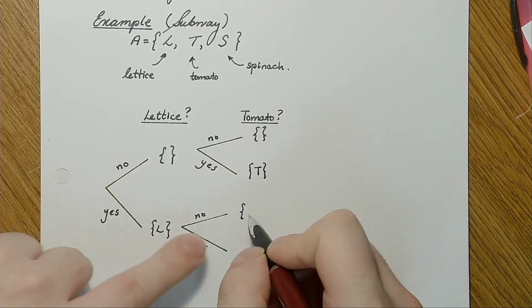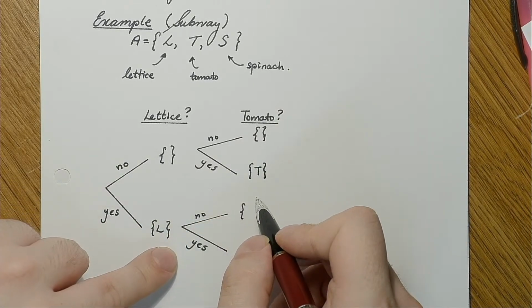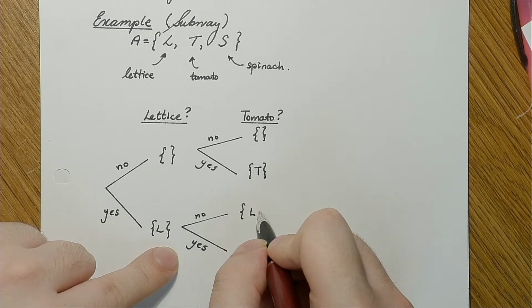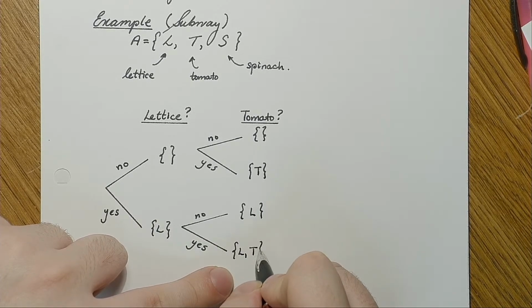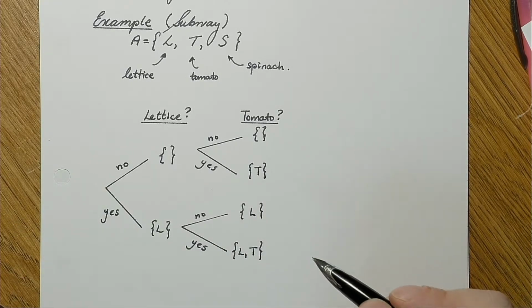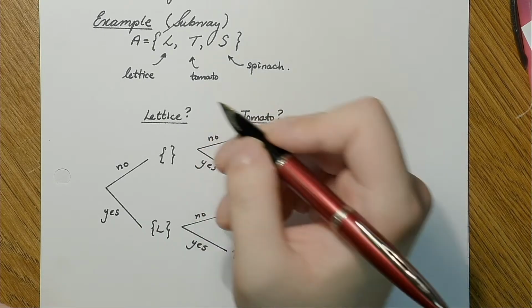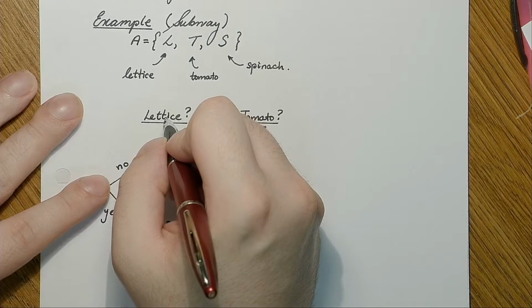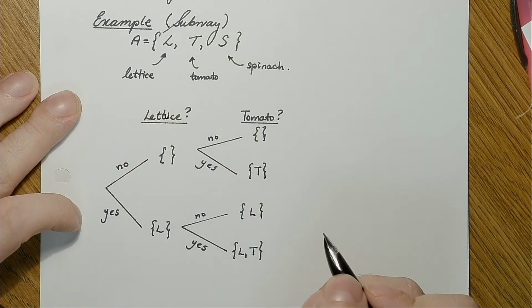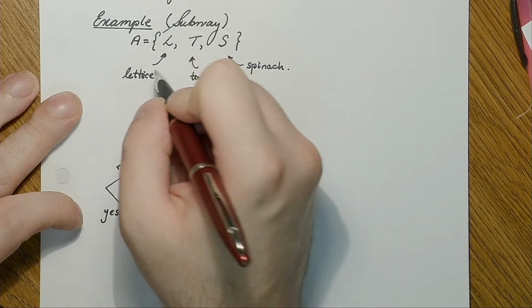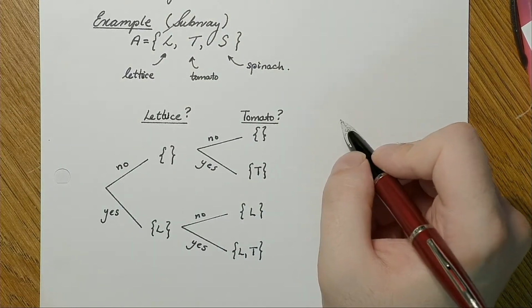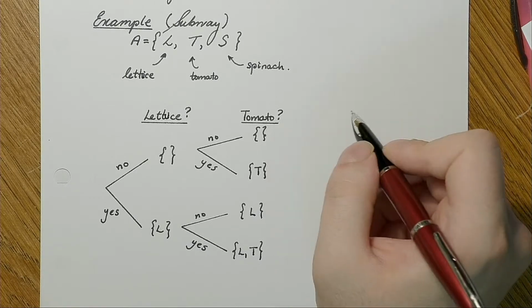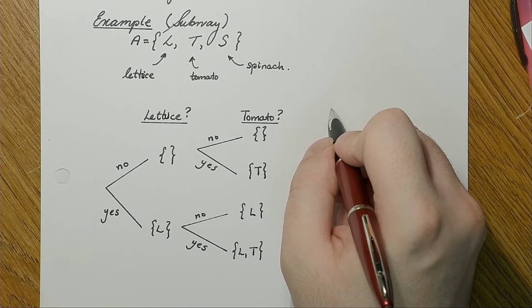With this one, we said no to the tomato, but we carry this forward from the lettuce, so it's just lettuce here. Here's an L, lettuce, T. Am I spelling lettuce wrong? Then the last question will be spinach.